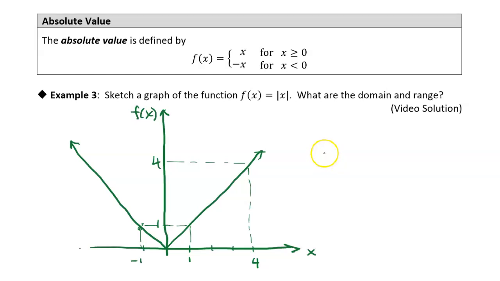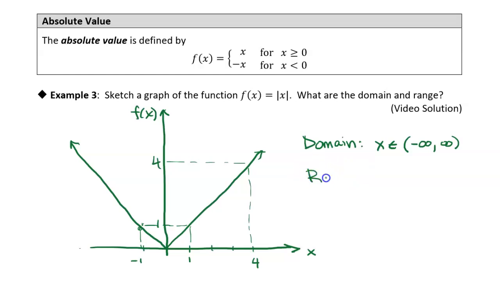So it also asks us for the domain and range. So let's look at what that is. All right, so remember the domain is the set of all possible x values, right? And so x can be really anything. So x can be -infinity to infinity, all real numbers.